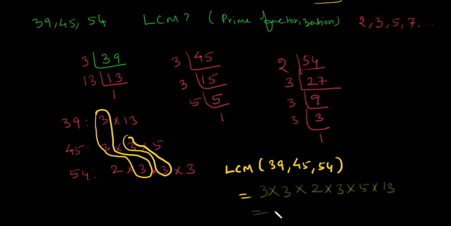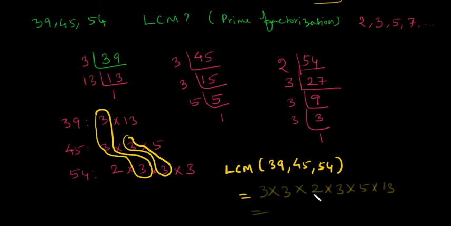3 into 3 is 9. 9 into 2 is 18. 18 into 3, I think we need a calculator.